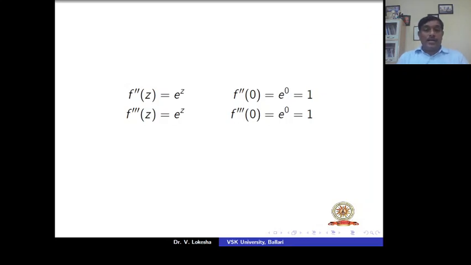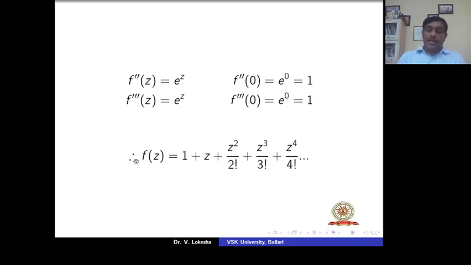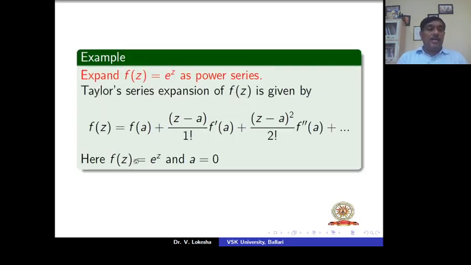Here you must take at least three derivatives because we can write 3 or 4 terms. If you substitute z equal to 0 in the second and third derivatives, you get 1, 1. Then finally you can substitute in the Taylor series expansion.